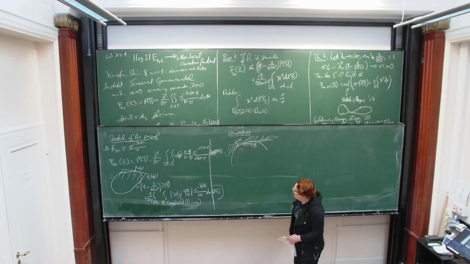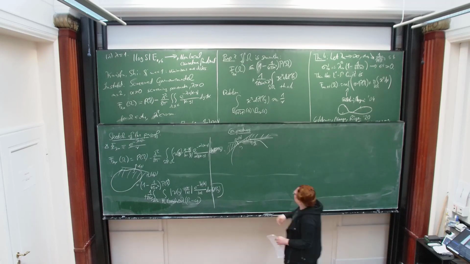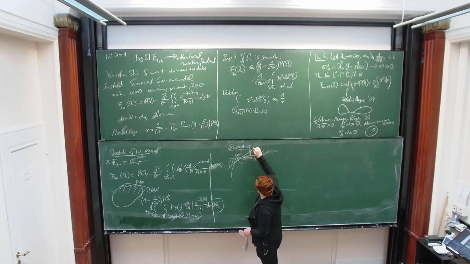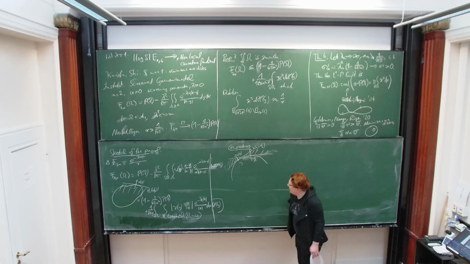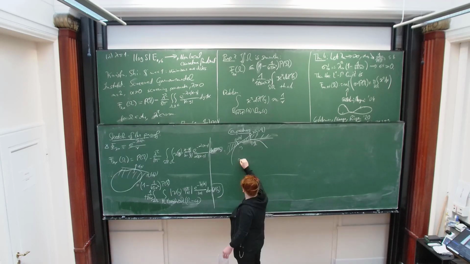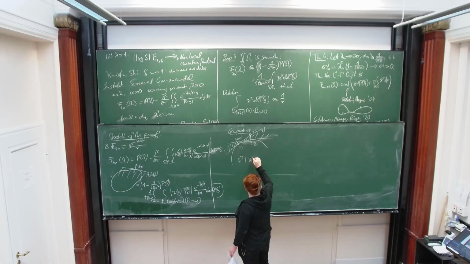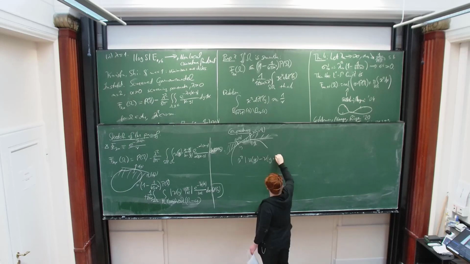And if you work also here you have a normal. And if you work everything out, you realize that you get lambda squared, and then the difference, y not gamma, of the two normals squared.